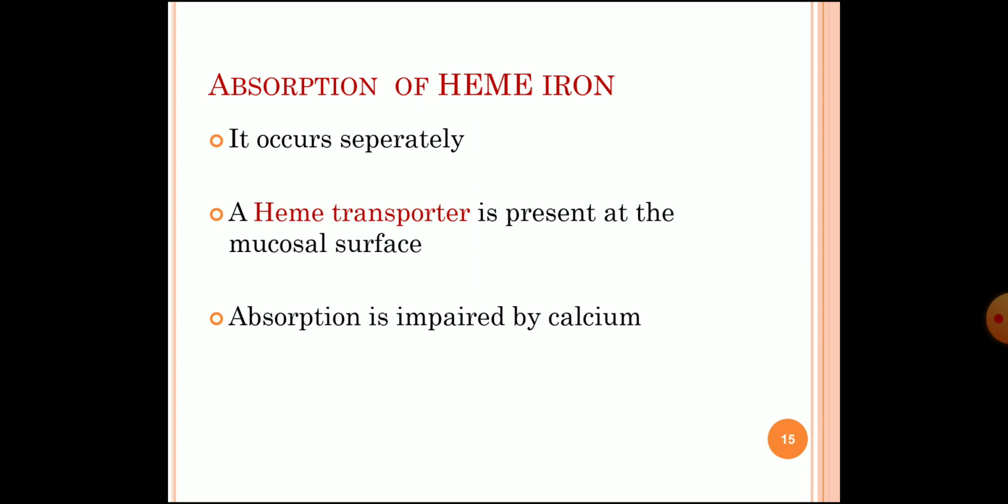That is through a heme transporter. A separate transporter is available on the apical part, not the DMT1. Through that heme transporter, it is taken into the mucosal cell, that is, inside the cell. This heme transporter is present on the mucosal surface.